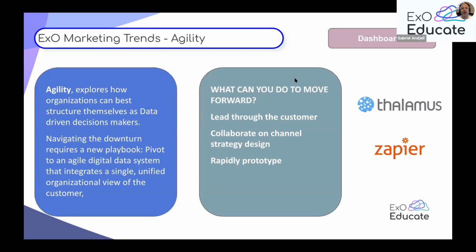Thalamus allows us to integrate all those touch points to implement marketing campaigns and strategies with all these points of contact aligned. They are very oriented to small and medium business. So those two tools are something that we can use and leverage.